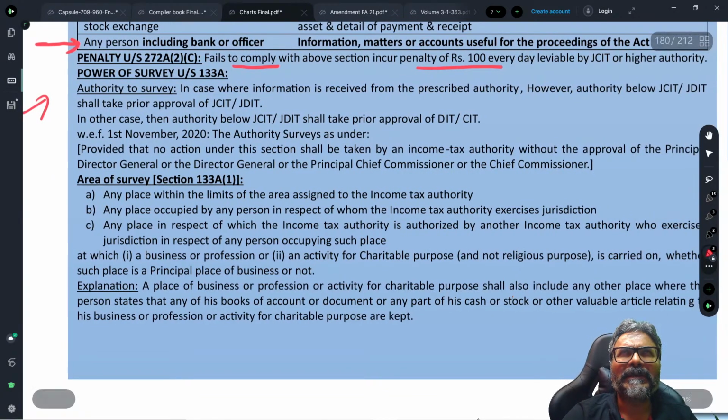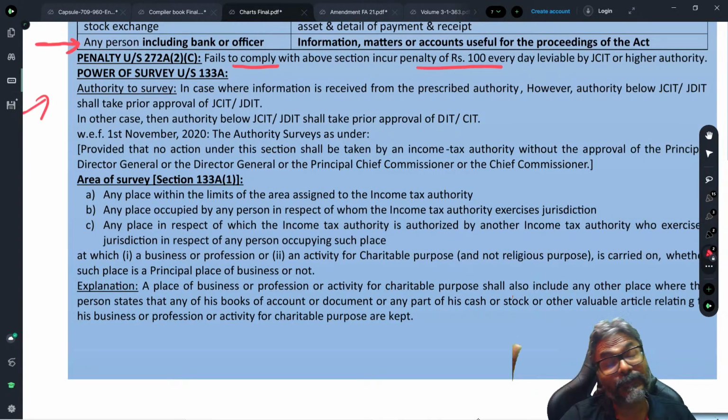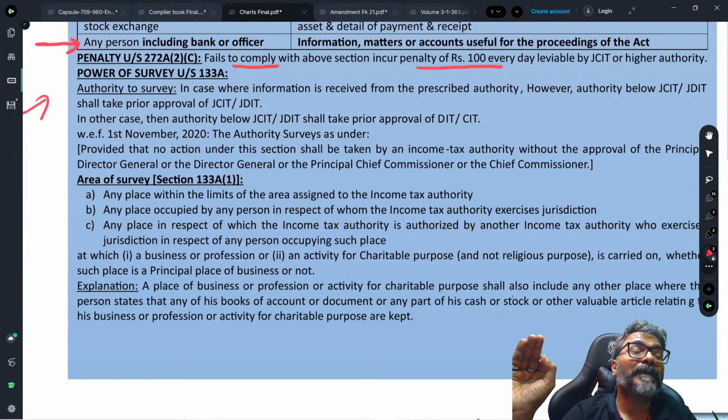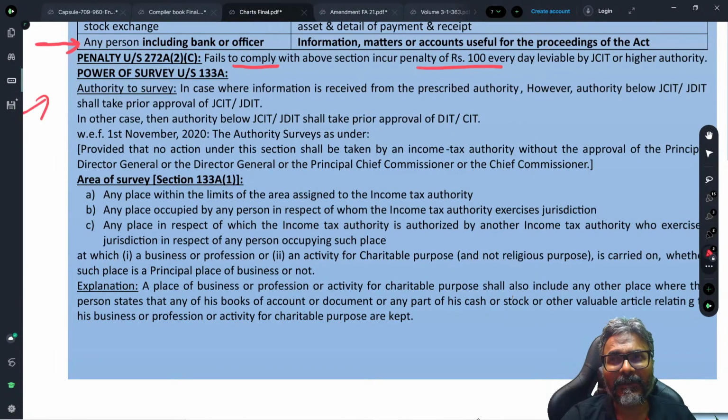Now, if you see, as far as survey is concerned, the survey, students, is generally in the place of business. Whereas if you talk about search, the ultimate power available to the Income Tax Authority, that power of search is not only restricted to the place of business, but is also extended to, apart from the place of business, even the area of residence where the SSC lives, isn't it?